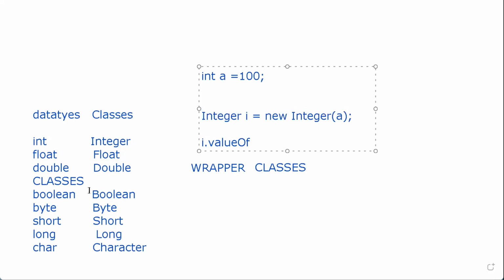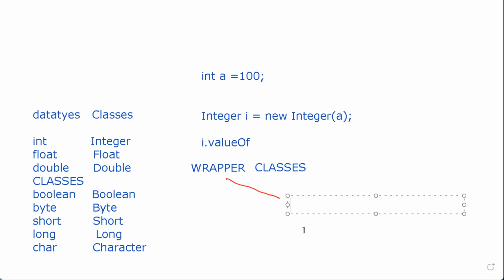And also, why these wrapper classes are required: one of the main uses is to convert from one data type to another. Many times we want to convert from string to integer, integer to string. That will be achieved using the wrapper classes.